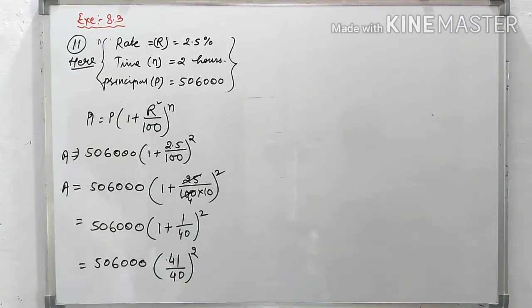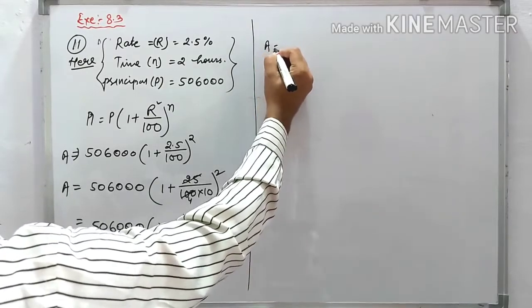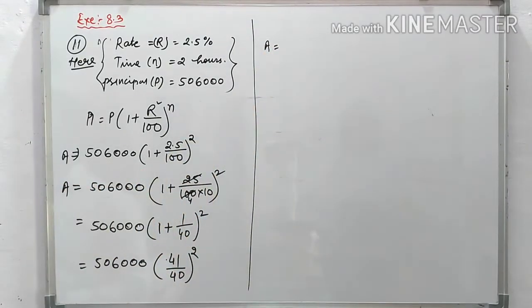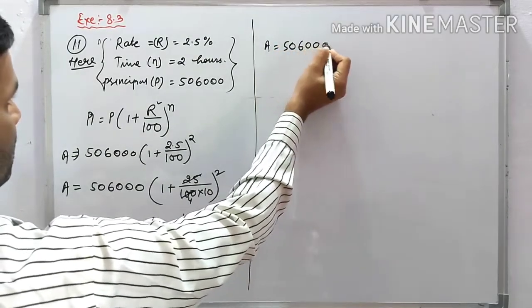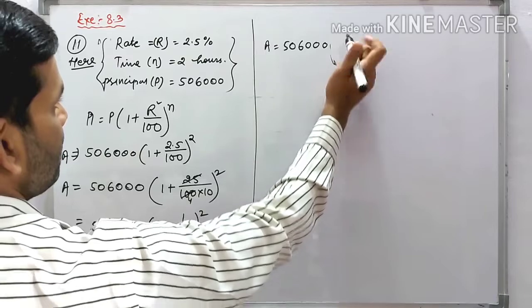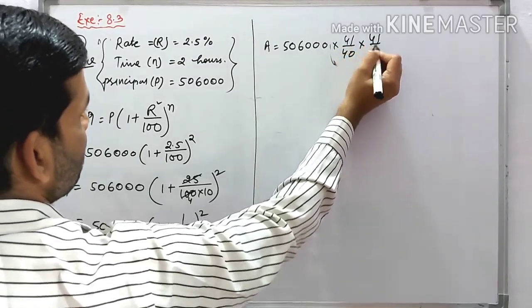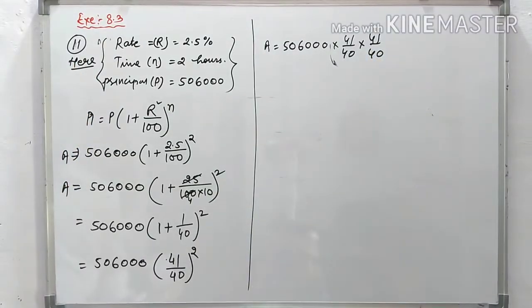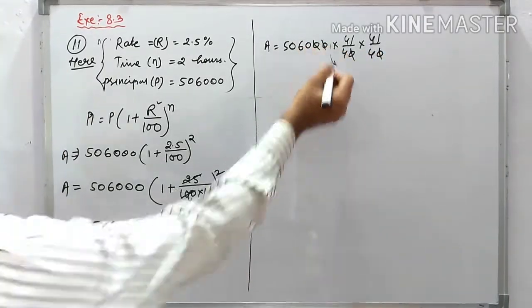Next step: the value of A, the number of bacteria after 2 hours, is 5,06,000 multiplied by 41 upon 40 and 41 upon 40. After cancellation of 20 and 20 we get 1 and 2.